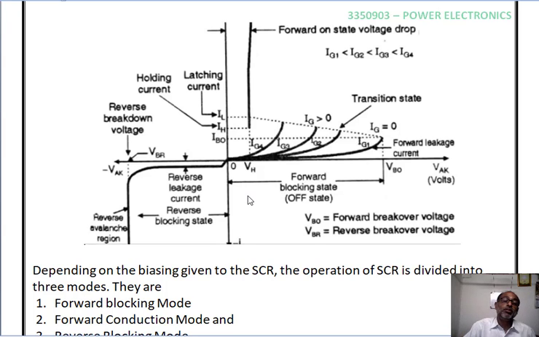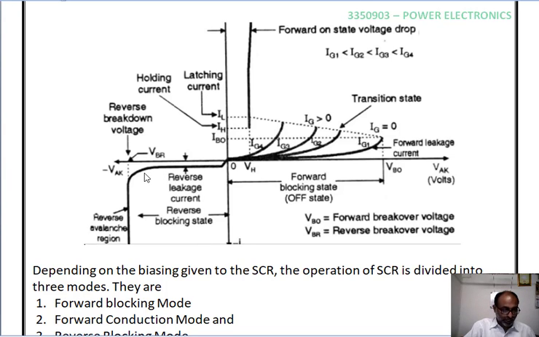In forward mode, the anode is positive with respect to the cathode, but in reverse blocking mode, the cathode is connected positive compared to the anode. Due to this, junctions J1 and J3 become reverse biased, and junction J2 becomes forward biased.